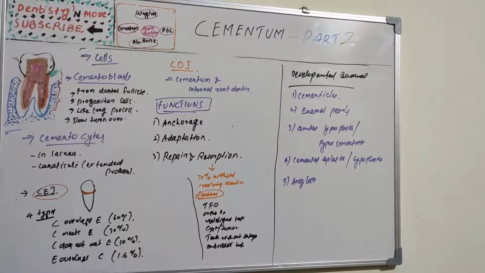The induction of cementoblasts from periodontal ligament cells can apparently take place throughout life, as evidenced by the physiological areas of cemental repair. So cemental repair happens throughout life. Wherever there is loss of tissue or resorption, the cementoblasts will act and produce new cementum.